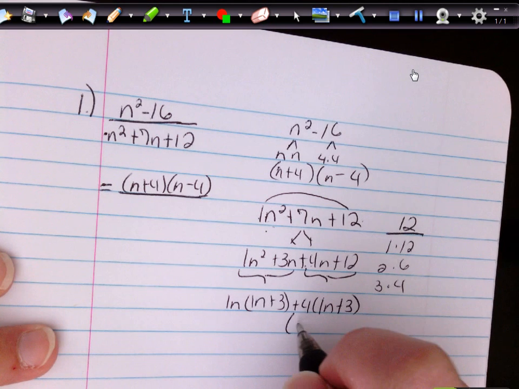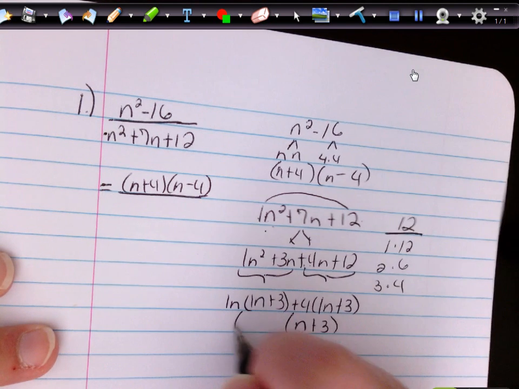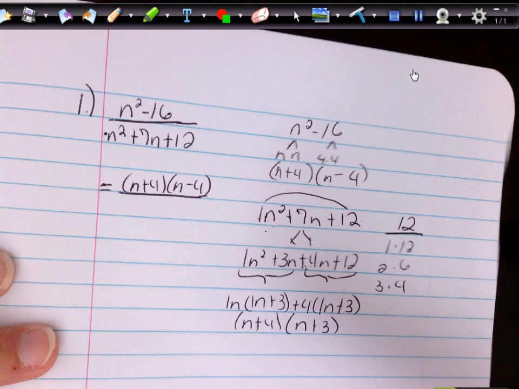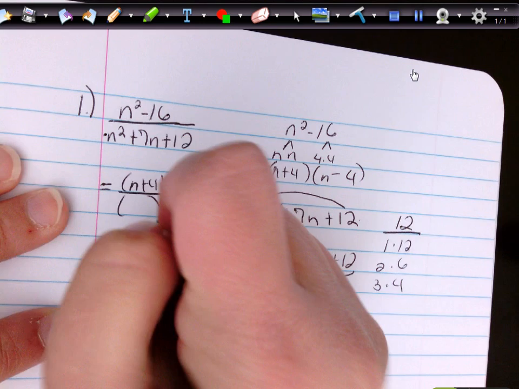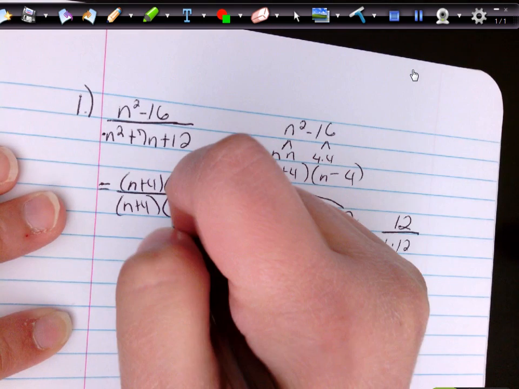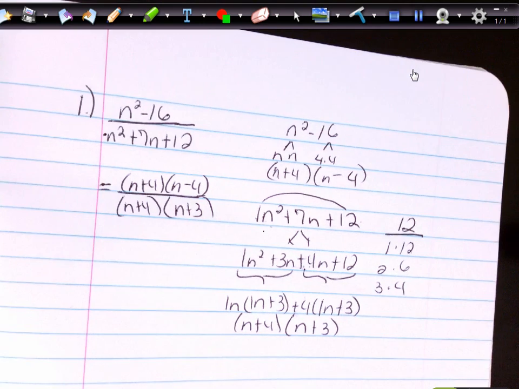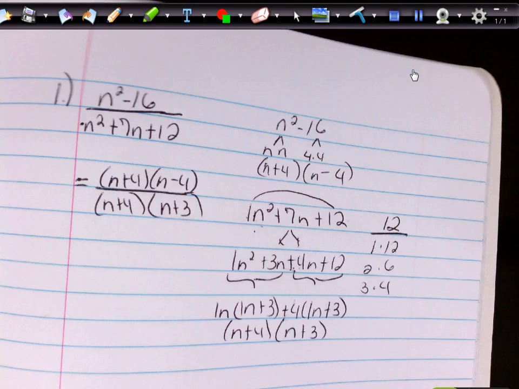So that's going to be one set of parentheses. I'm going to drop the 1s in front of the n's and just say n plus 3 and n plus 4. So the bottom part of our fraction is going to be n plus 4 and n plus 3. Okay, so that's our first step. Our first step is to factor the numerator and factor the denominator.